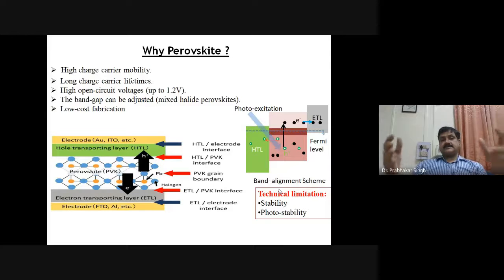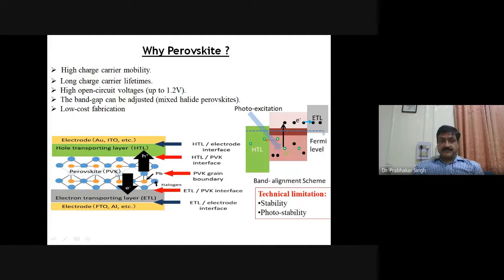Because, as mentioned, it has a very high charge carrier mobility and a long charge carrier lifetime, so that it can penetrate to the other side of the system and go to the whole transport layer or the electron transport layer without recombining, without being neutralized. It provides a high open circuit voltage, the band gap can be adjusted because you can make different types of doping, and low cost fabrication, of course.